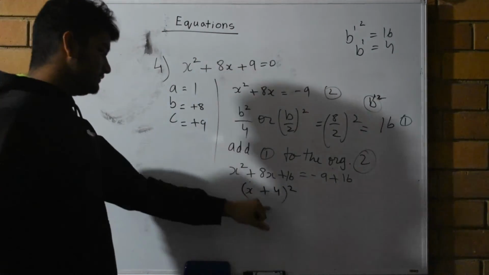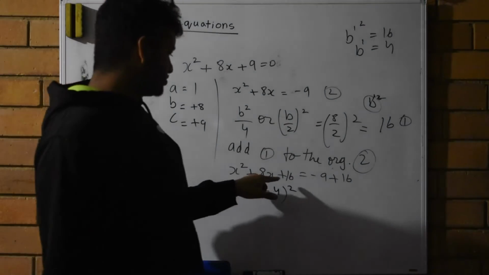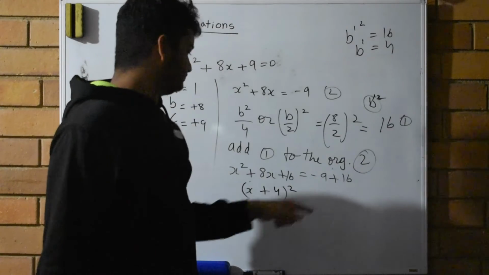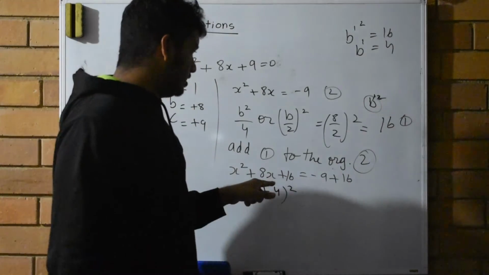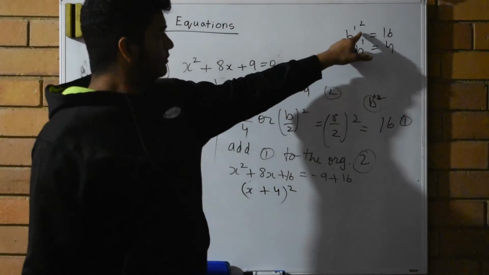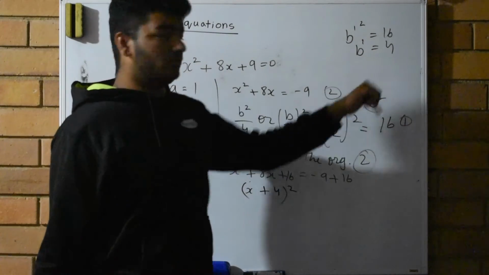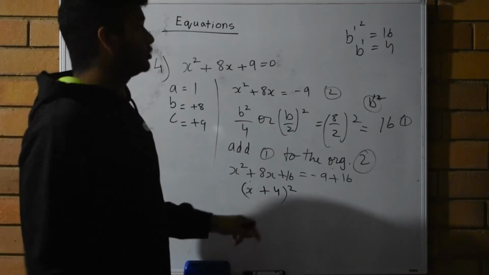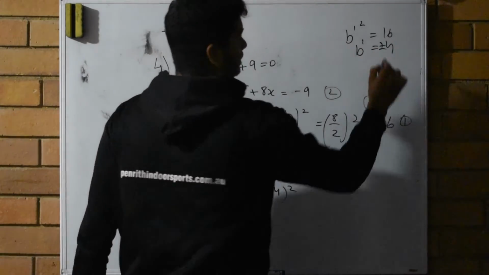Now, how do I know if this is a plus? First of all, b prime is 4 in this case. When b prime squared is 16, b prime is going to give me 4. It comes from here. But how do we know if it's positive? It could be a plus minus. You must have heard this.